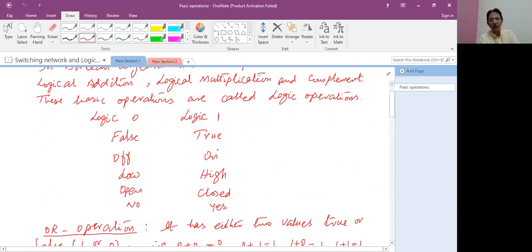So these are the words we will use when we consider the switching network represented by logic 1 and logic 0.